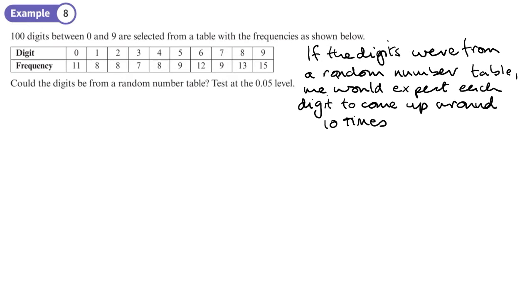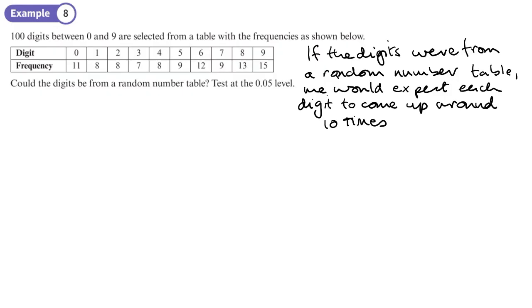If they were truly random, every digit would have an equal chance of being picked. So what we're going to do is work out the "variance", in quotes, of the digits we have here and their frequency, compared to what we would expect them to be.